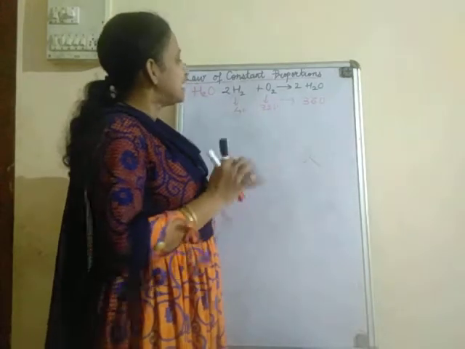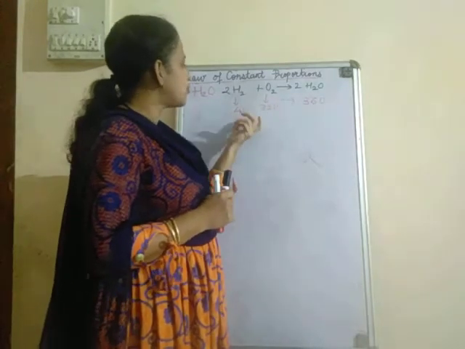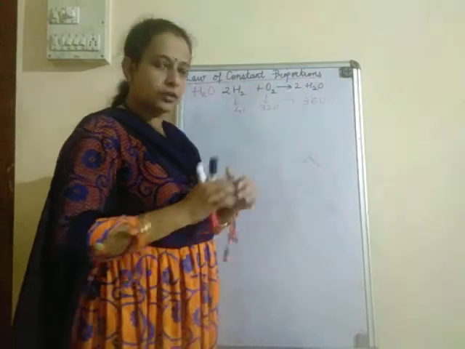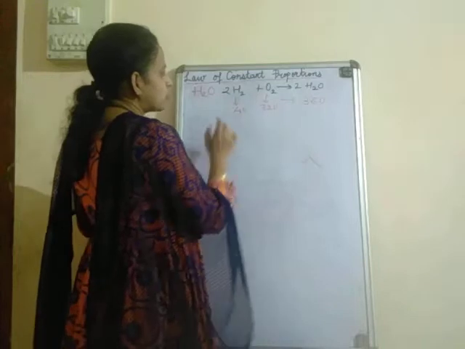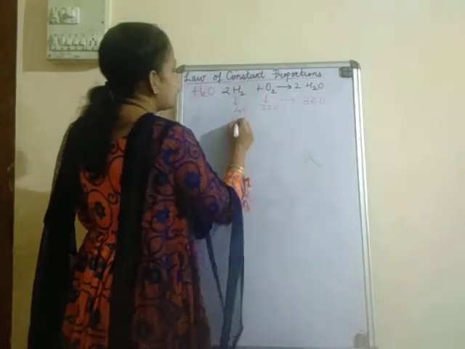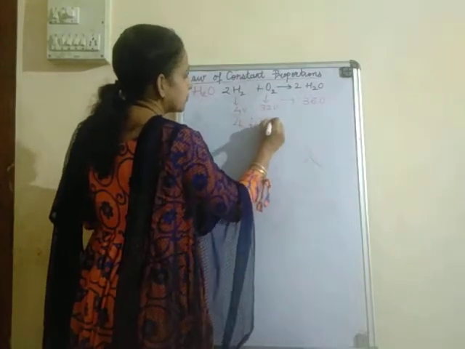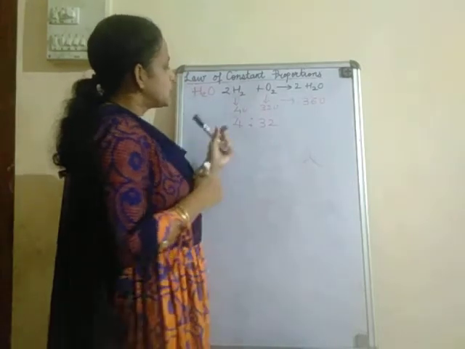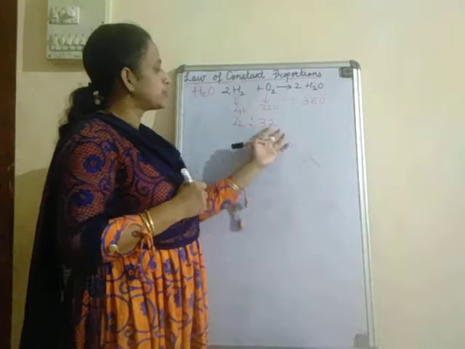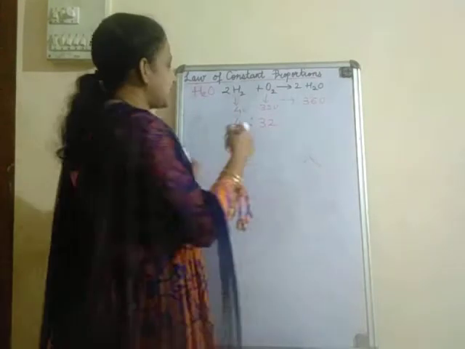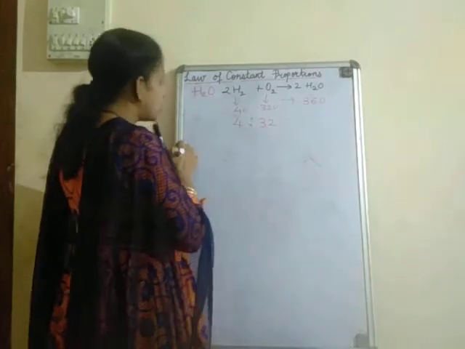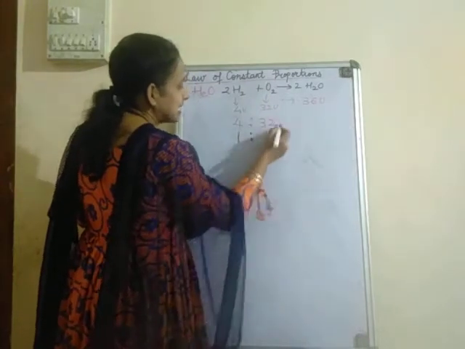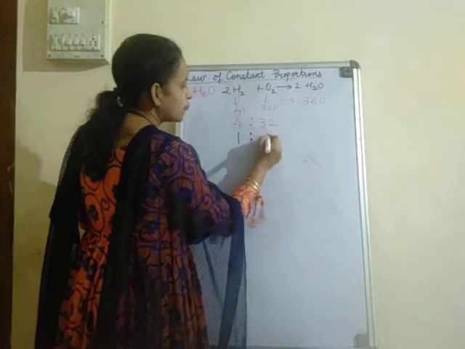Fine. Now let us see what is the ratio of hydrogen to oxygen in the molecule of water. The ratio of hydrogen to oxygen is 4:32. Correct? We can cancel out these numbers, and we get a ratio of 1:8. 4 1s are 4, 4 8s are 32.